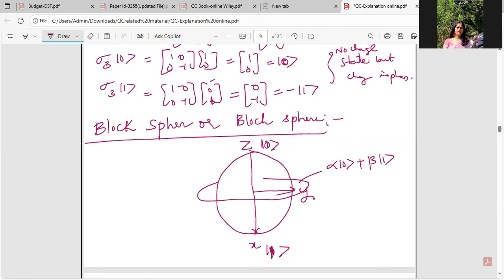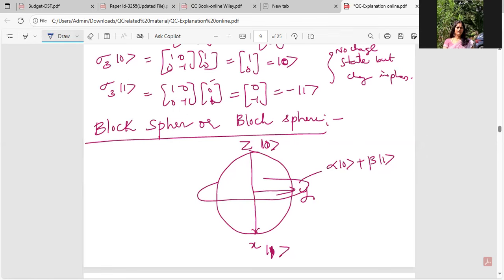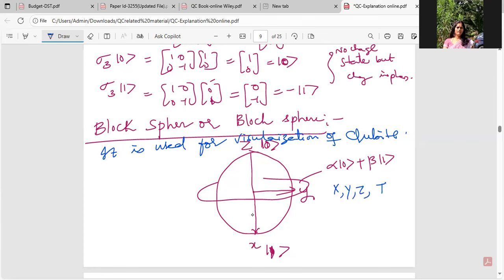It is used for the visualization of qubits.